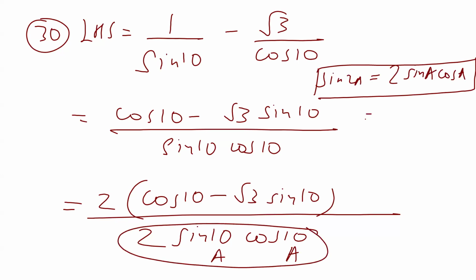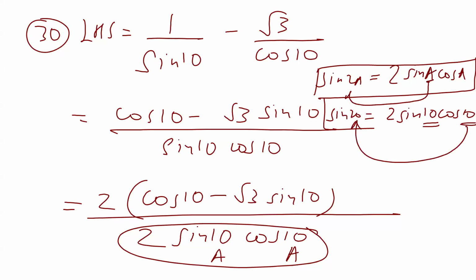So 2 sin 10 cos 10 will be sin 2 into 10, which is sin 20. The double of 10 is 20. Double of A is 2A, right? But then the double of 10 will be 20. So that's the reason why I multiplied and divided with 2.